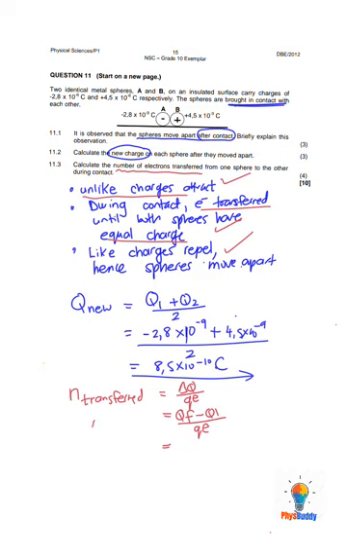So if I'm using A, then I would say the final charge of A we calculated, it was 8,5 times 10 to the minus 10. The negative here is the negative of the equation. I'm now going to substitute the initial charge of A, which if we go up to the question, we can see it was negative 2,8 times 10 to the minus 9.